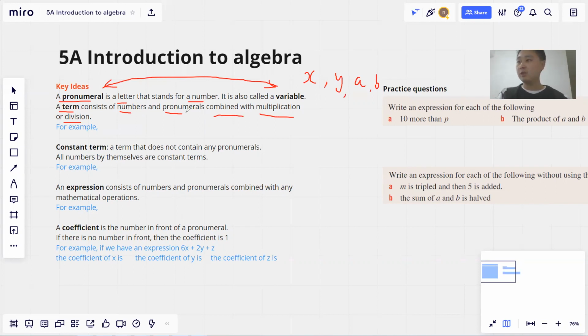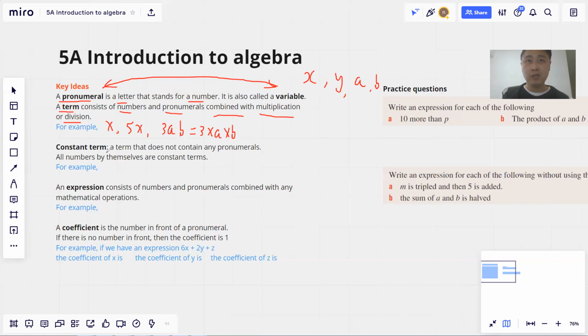For example, for a term we can use x, or we can use 5x, or we can use 3ab. So 3ab means 3 times a times b. If numbers are multiplied together, we do not need to write the multiplication sign. So this is a term.